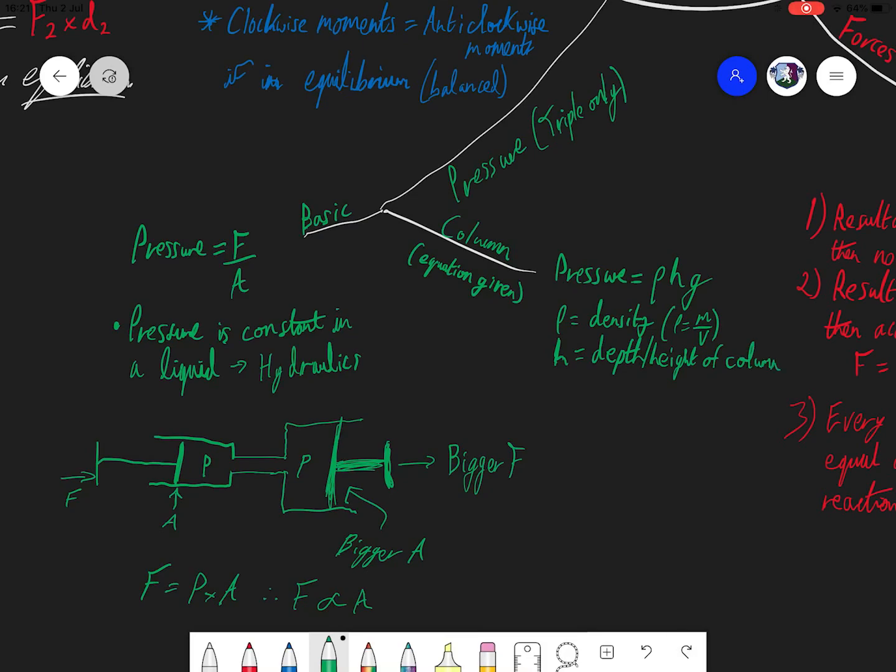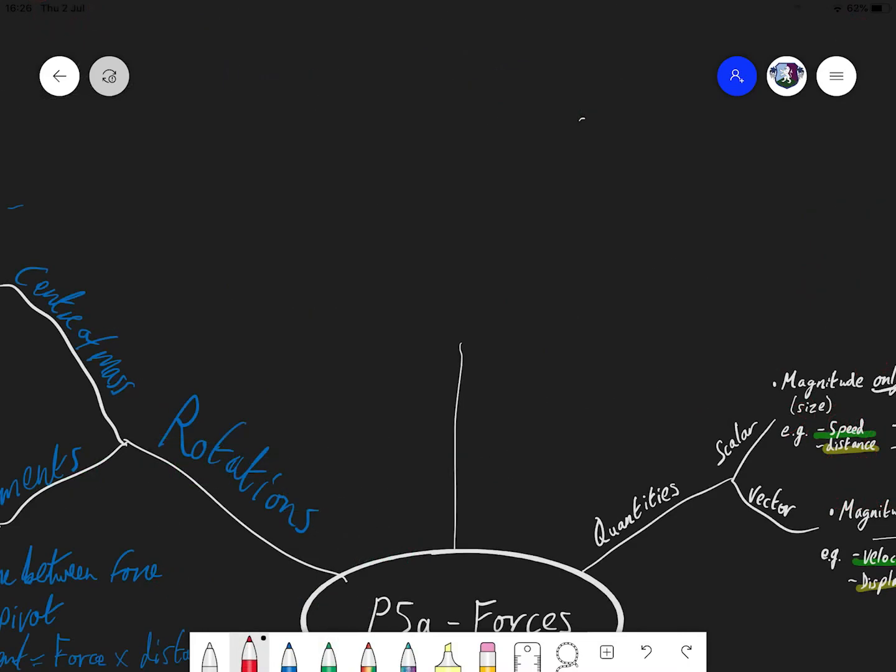So height of the column is usually what it actually represents, but really it's how deep you are in the fluid. And g is gravity, which we know, or should know, is 10 newtons per kilogram on Earth. And that applies throughout the entirety of this topic as well. So it may be worth adding to the forces part earlier. But that's it. This equation is just a case of application, rearranging, and understanding of context.